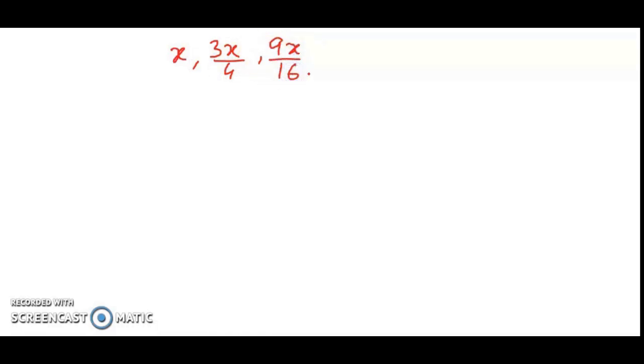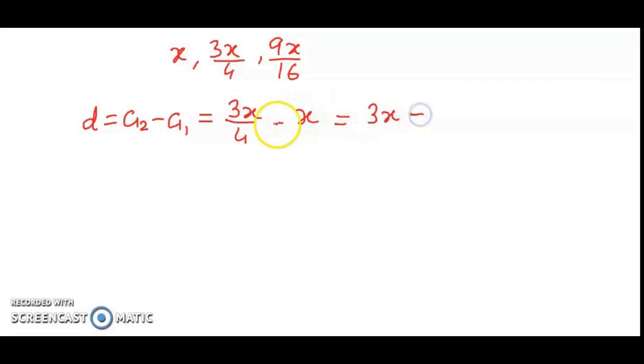Now we want to check whether this given series forms an arithmetic progression or not. First of all, let's find the difference between second term and first term. Second term is 3x by 4 minus first term x. If you find the difference, we will take the LCM: 3x minus 4x, whole divided by 4. So you will get the answer minus x divided by 4.